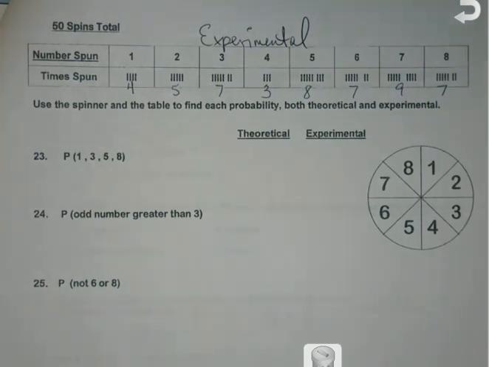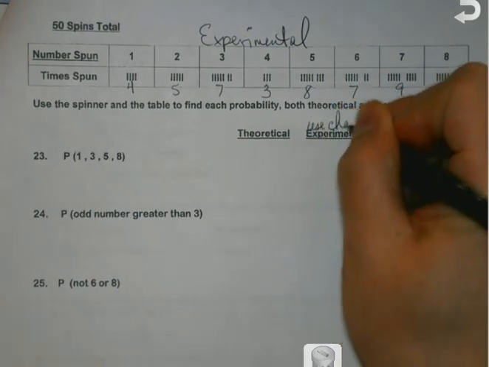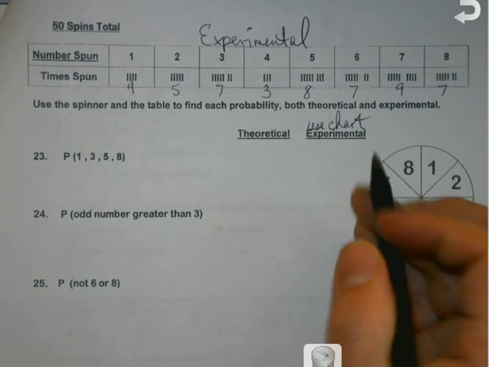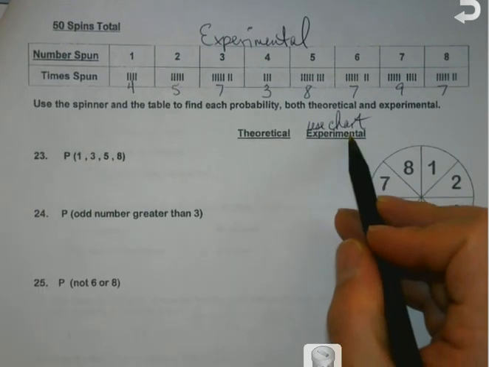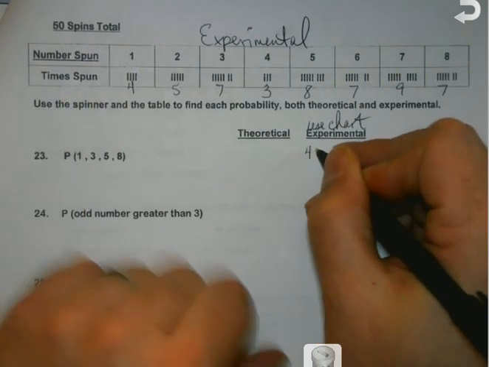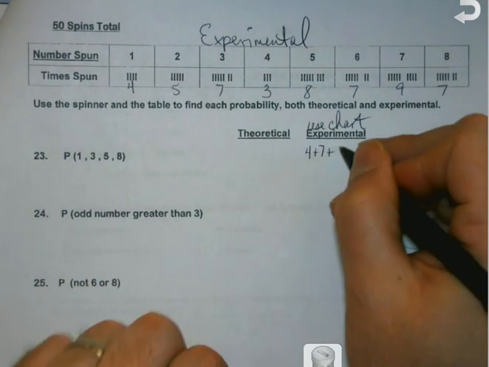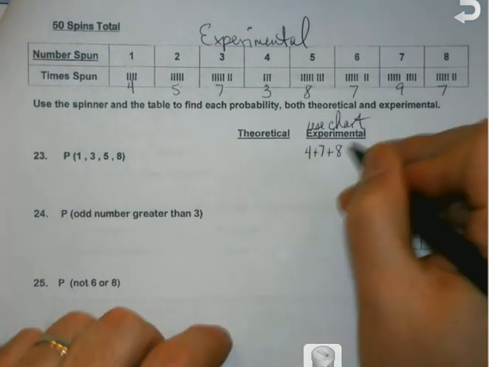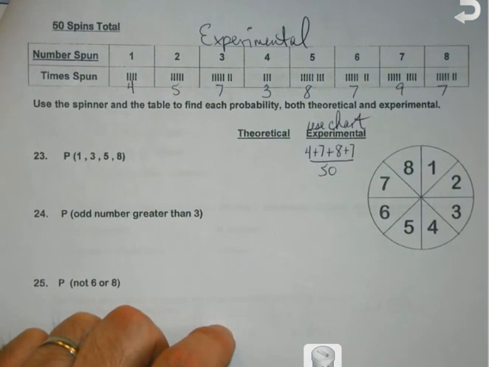So when it asked me to find both theoretical and experimental for these, the experimental means use the chart. So for instance, my probability of getting 1, 3, 5, or 8 experimentally would mean I'd add up the number of times that I got a 1, the number of times I got a 3, the number of times I got a 5, and the number of times I got an 8 out of 50.